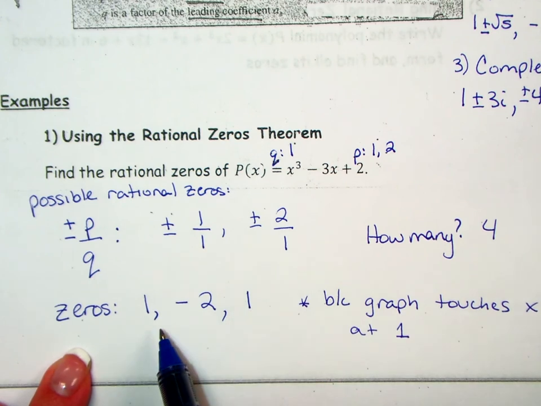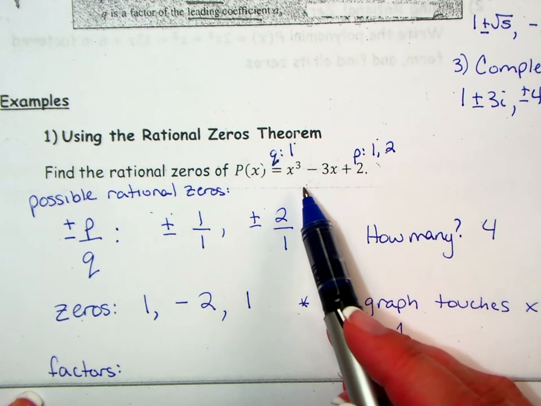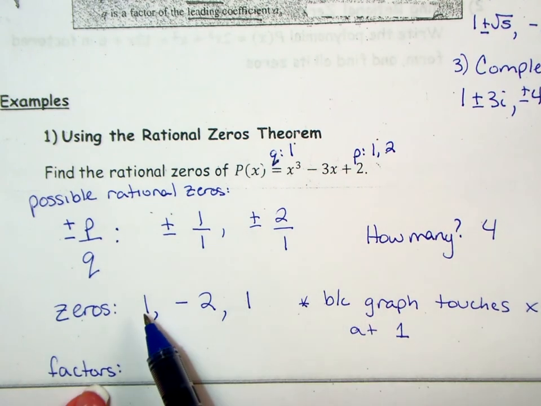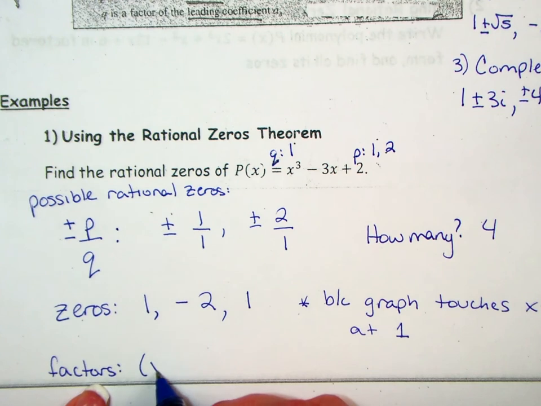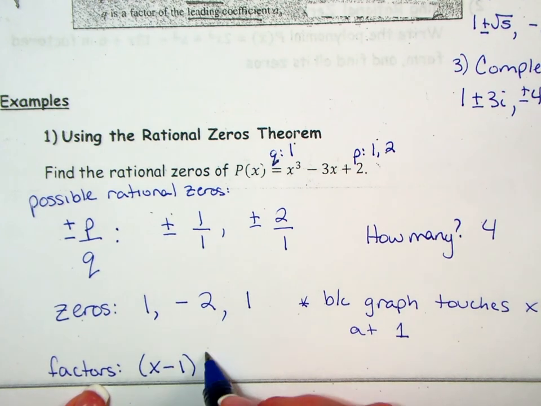Now I want to take this one step farther just so we keep practicing it. I want to write the zeros as factors because the whole goal is to be able to factor higher degree polynomials. So I'm just going to write each one of these zeros as a factor. If 1 is a zero, x minus 1 is the factor. If -2 is the zero, x plus 2 is the factor.